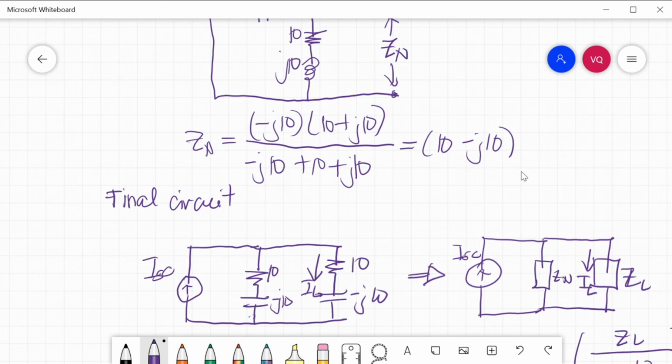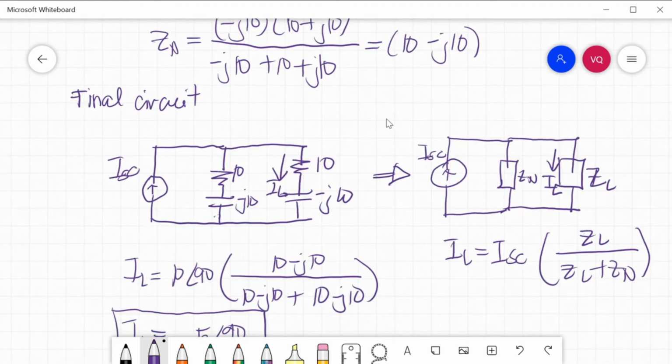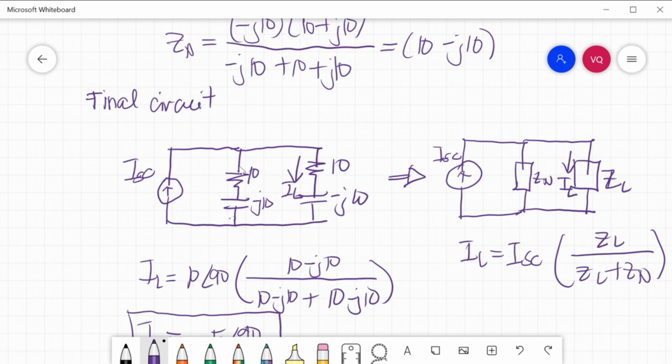After solving the two parameters, we will now redraw our final circuit. Our final circuit in Norton's will be the impedance ZL and impedance ZN in parallel, and also our short circuit current, IN or ISC, in parallel with the impedances. So ISC in parallel with ZN in parallel with ZL.